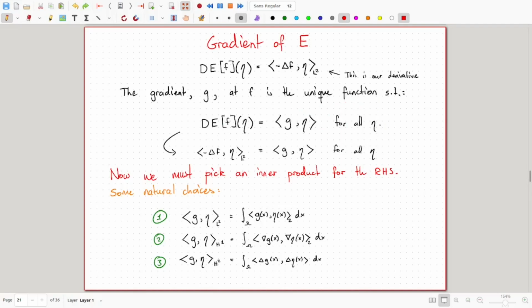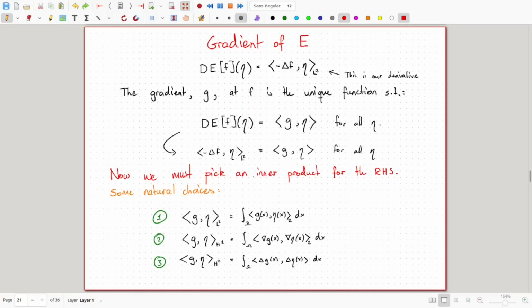If I rewrite the derivative as what we found, in order to find the gradient, we first pick an inner product, and then we solve to see what g has to be to always make this equality true.